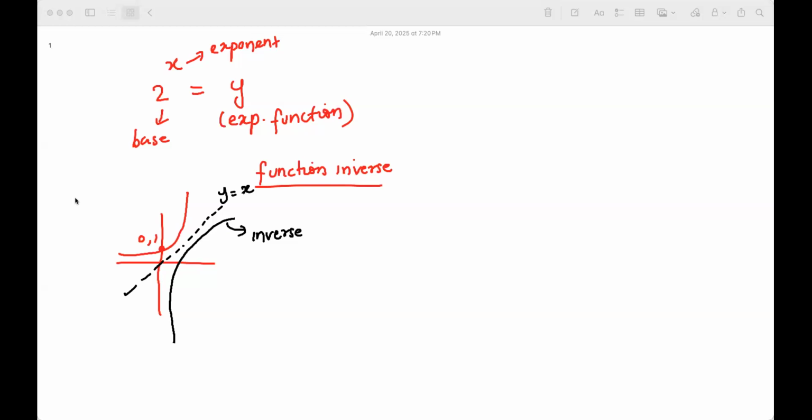See, the red color thing was an exponential function. This represented 2 power of x, right? When we drew the line y equal to x and tried to find the inverse of the function, we got this inverse function. This inverse function is called a logarithmic function.